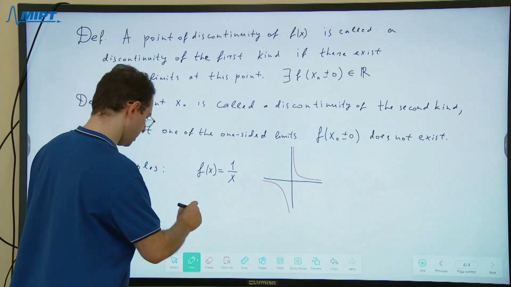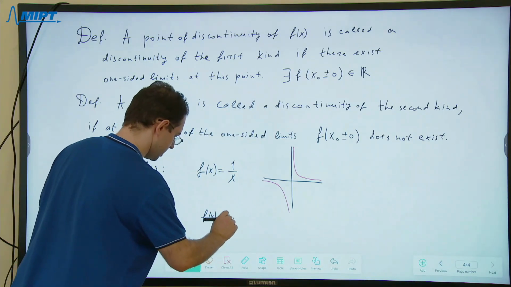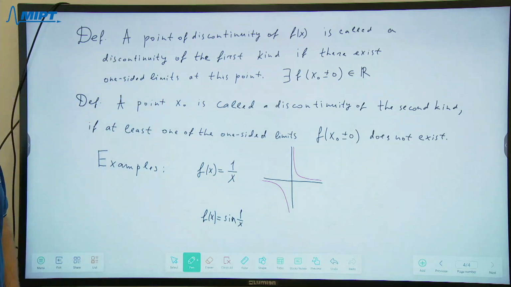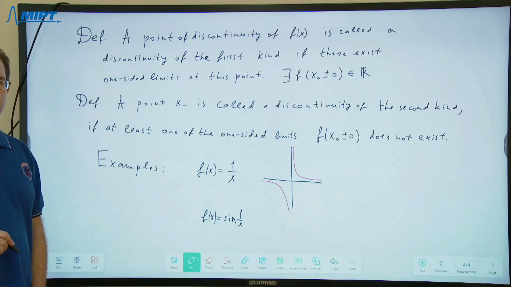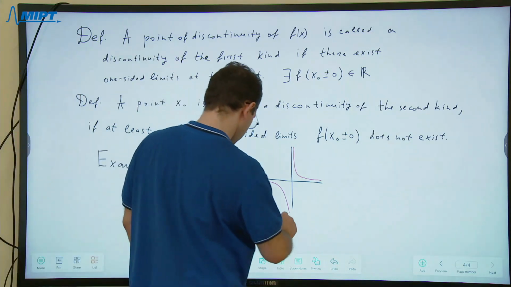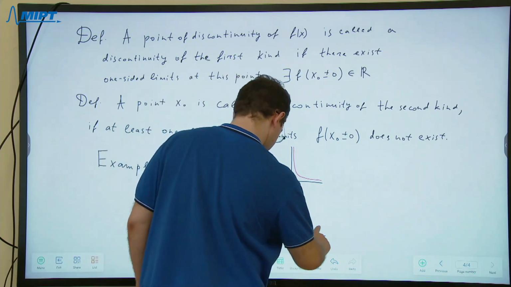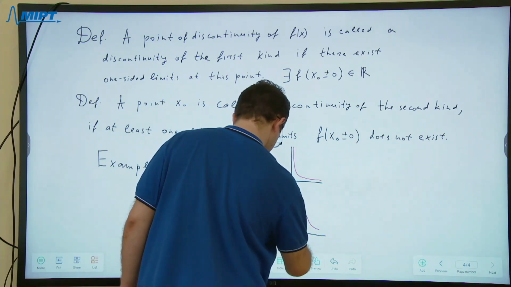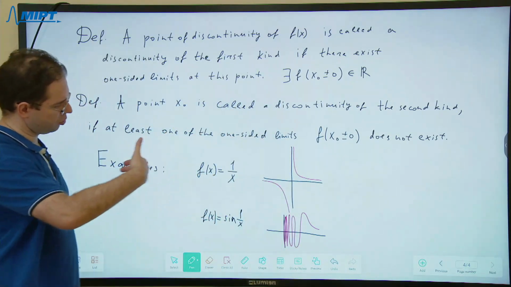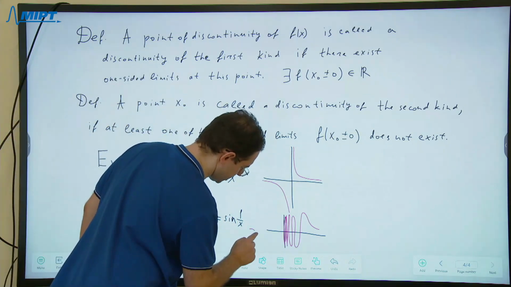Let's also look at this function. f of x equals sine 1 over x. You should have discussed this function on the seminars. Let me try to draw it. So this is the right half of the graph and the left half is the same, of course.